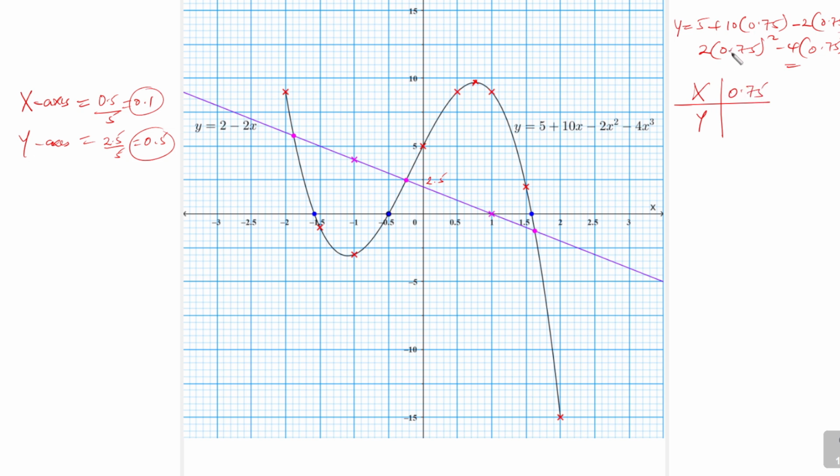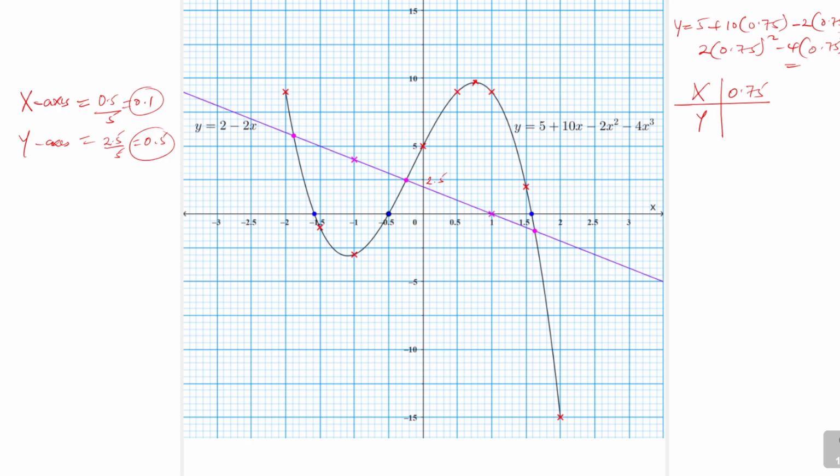This will be 5 + 10(0.75) - 2(0.75), and that is supposed to be squared there, so you need to square these.